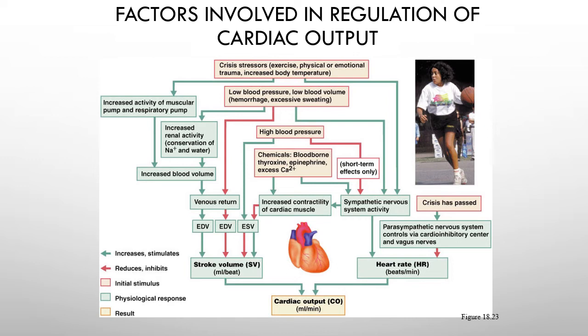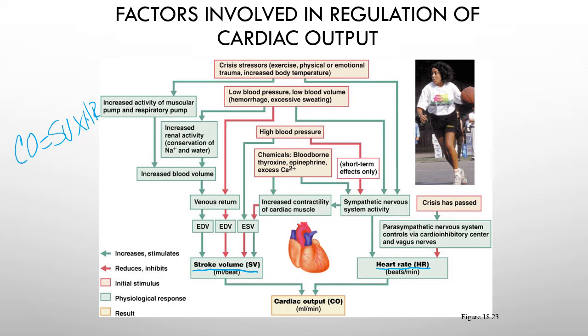So when it comes to cardiac output, it's not just an easy thing to say that cardiac output equals stroke volume times heart rate. In the end, yes, that's what it is. And so it's the stroke volume that we have times the heart rate. But both of those are influenced by many different factors.